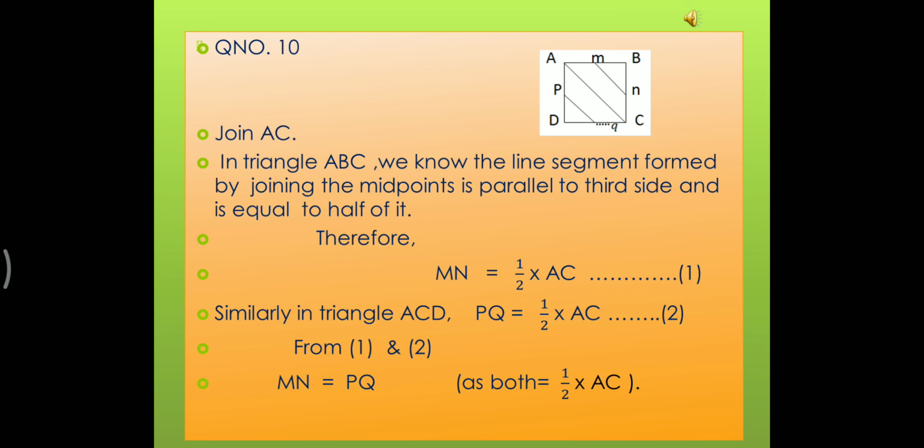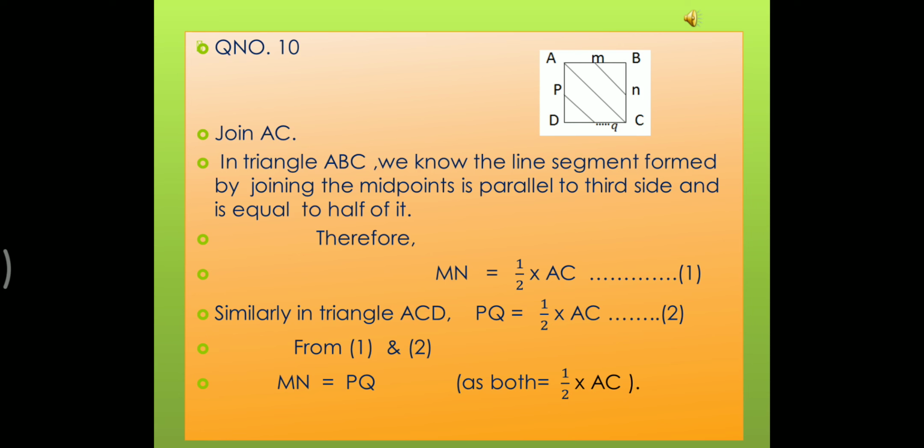I think question number 10 is also important, because we have to use the midpoint theorem concept in this question, which you have to do in 9th class. So to solve this question, first we will join AC.